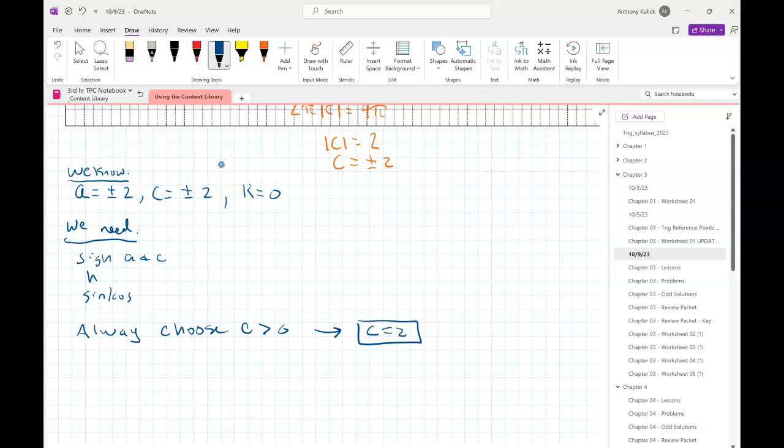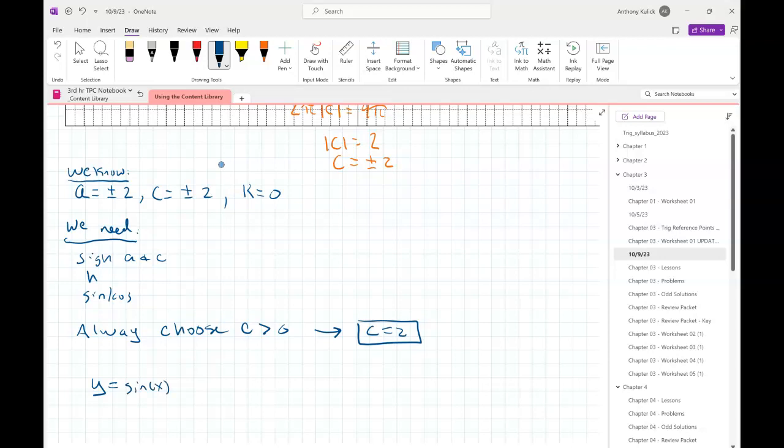Now I'm going to decide whether I want to do this as a sine or cosine. I'm going to do it both ways and then talk about when I would choose, if I'm given the option, which one I would choose to do. But we'll do both of them here. Typically the question would ask you just to write it one way or the other, or do this specific one, but let's talk about how to do both of them.